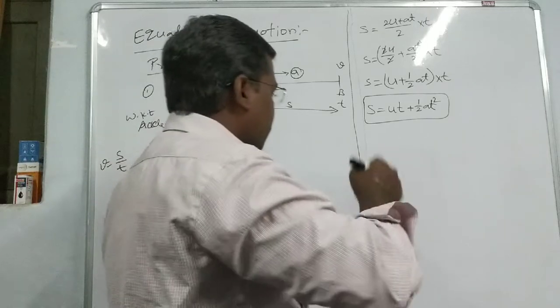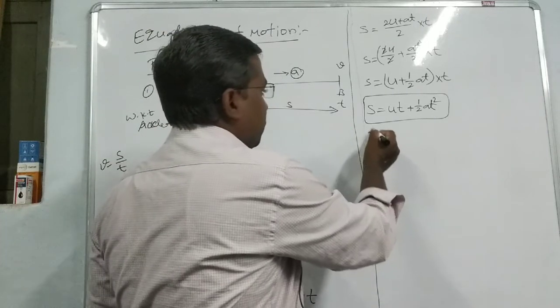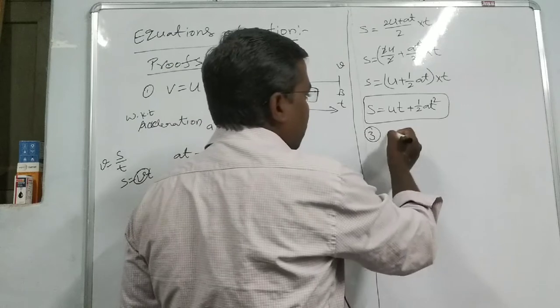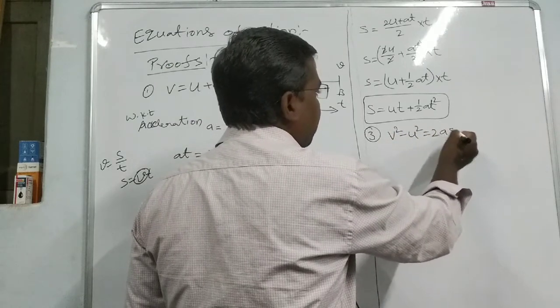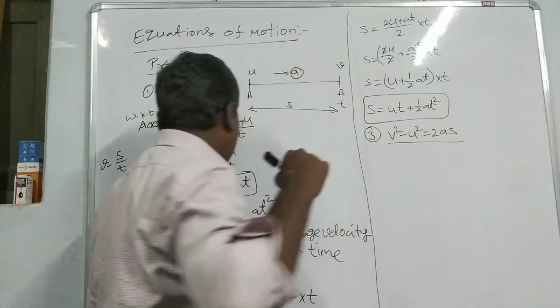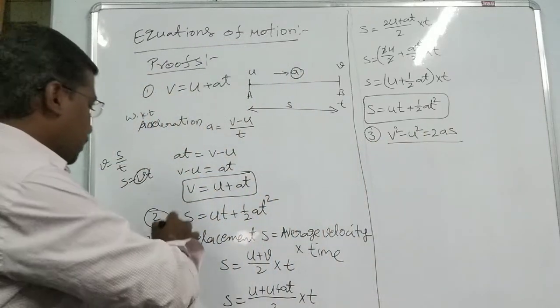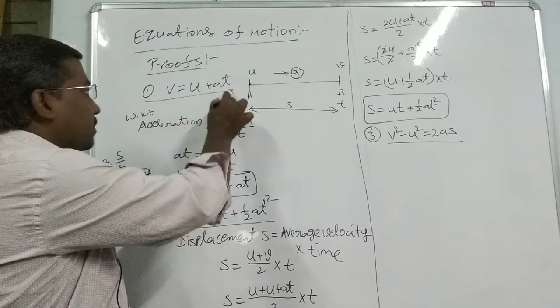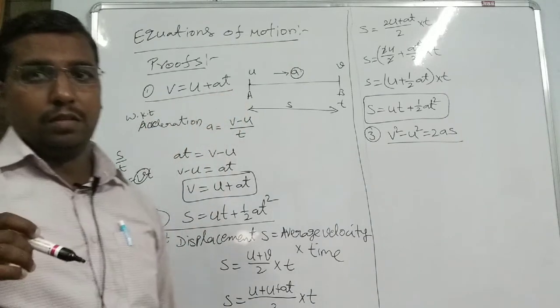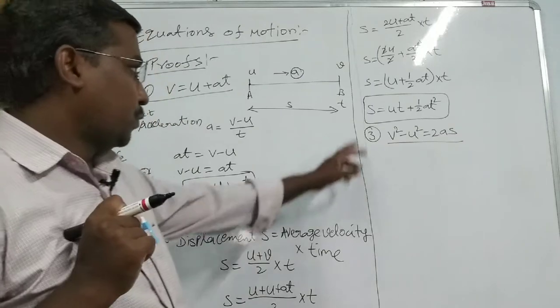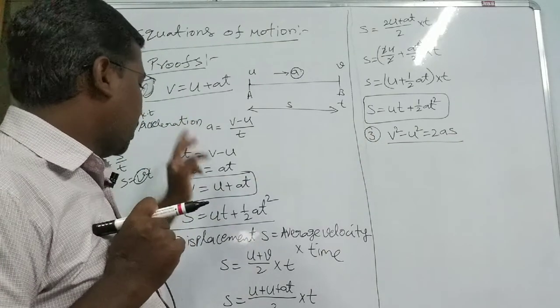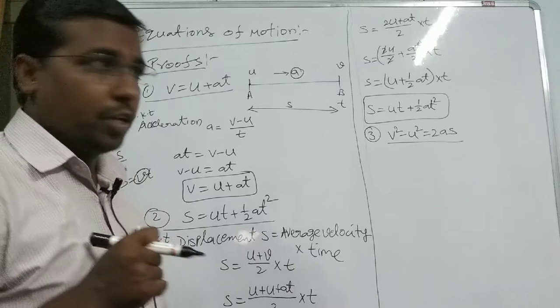Now the third one: v square minus u square equal to 2as. In this we have to take both the first and second formulas.